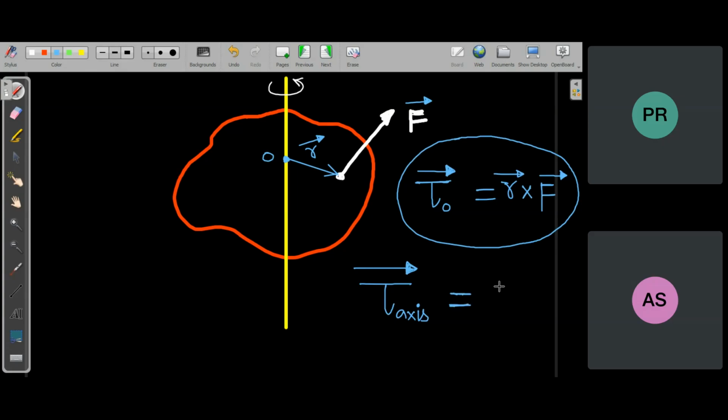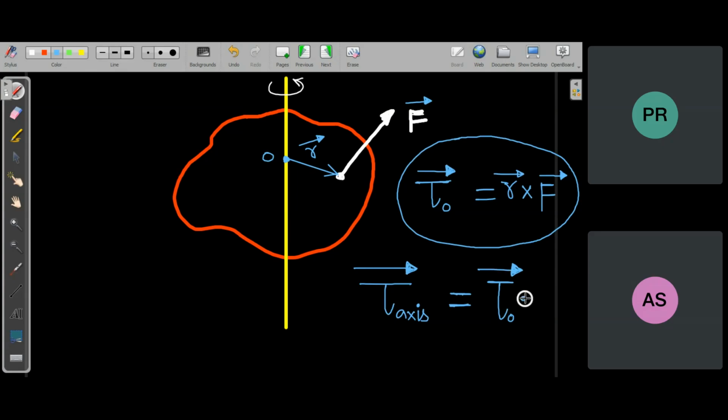Torque about the axis will be simply the component of this torque along the axis. So torque about point O will be in any direction, but then we can take its component along the axis. That will be the torque about the axis. How to take the component of this torque vector about the axis?